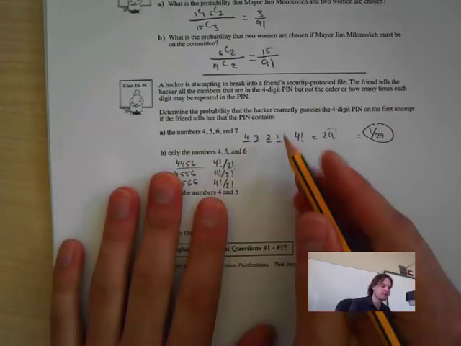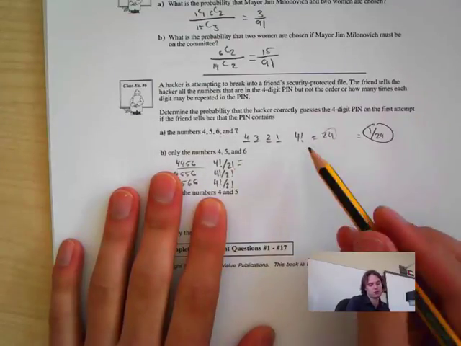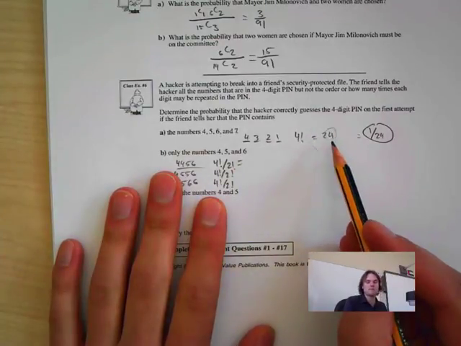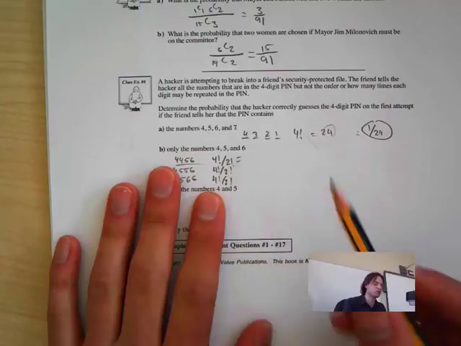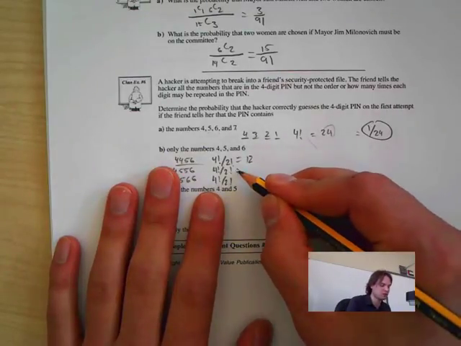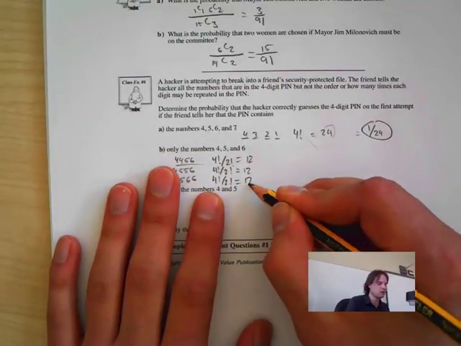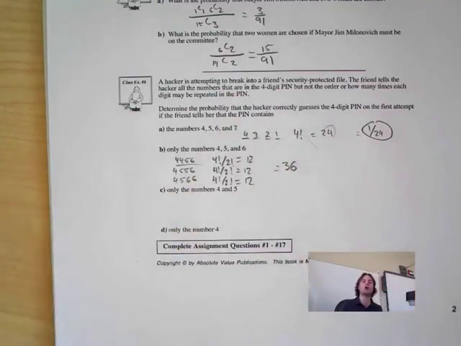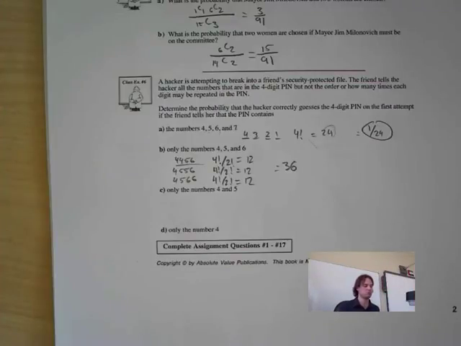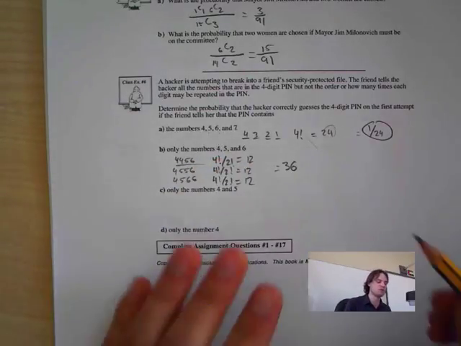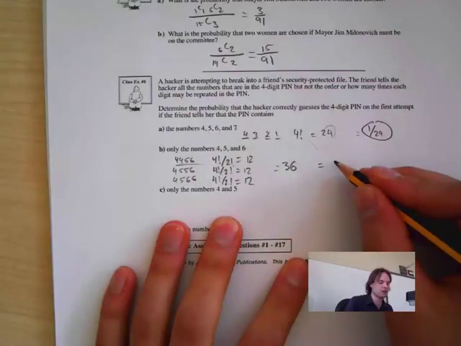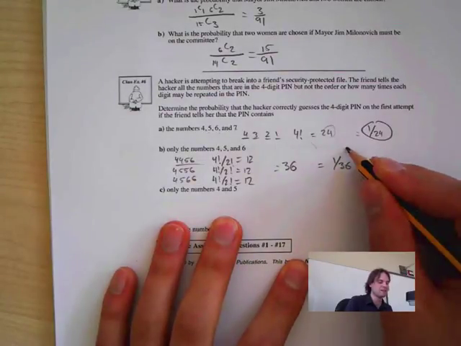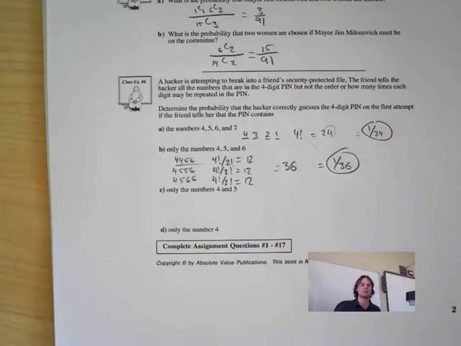So we add all these numbers together. 4 factorial is 24, and so 4 factorial divided by 2 factorial is going to be 12. So each of these is equal to 12. Now we add these all up, which gives me 36 different combinations. If ones repeat, there's 36. So altogether, it is a 1 in 36 chance that he gets it right if he just guessed.